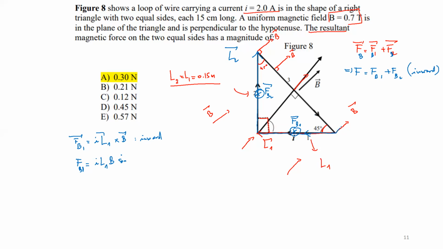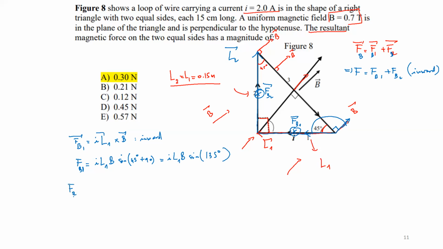Here is B. By the way, B is 90 degrees here. So the sine of the angle between L1 and B is this big angle here. So what is this big angle? Of course, it's 45 plus 90 degrees. So FB1 is just I L1 B sine 135 degrees.